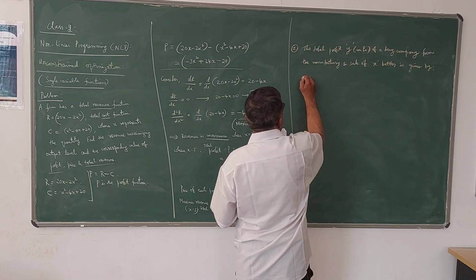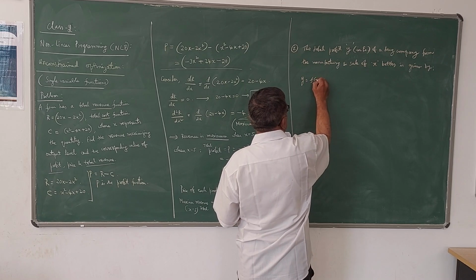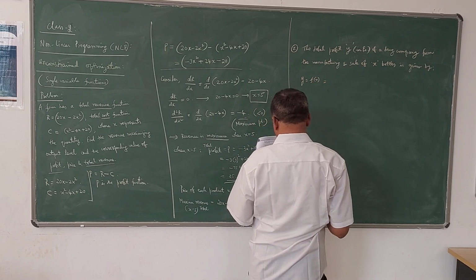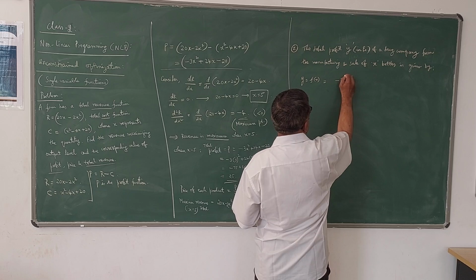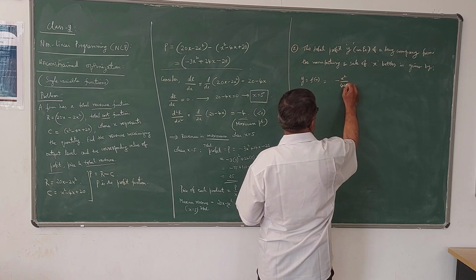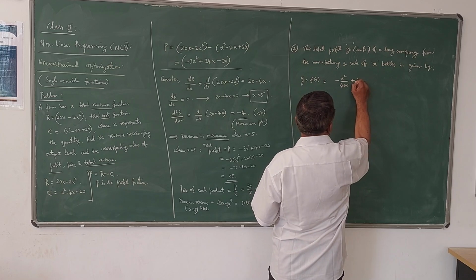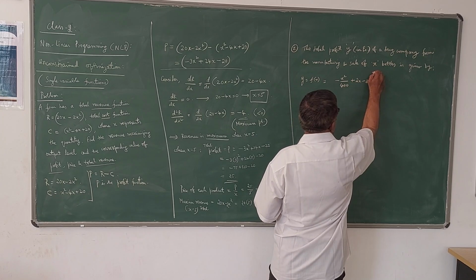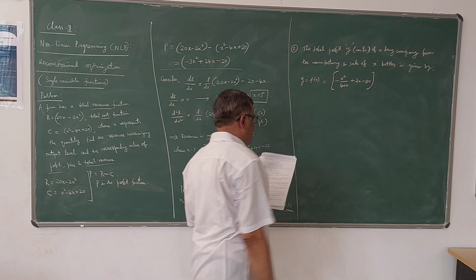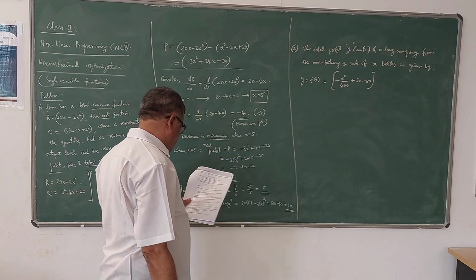Y is equal to f of x, a function: minus x square by 400 plus 2x minus 80. You can see x square term is there, therefore it is a non-linear function.